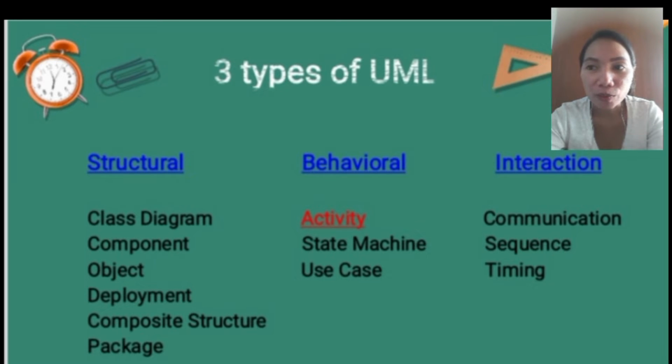There are three types of UML, which are structural, behavioral, and interaction. Under the structural are class diagram, component, object, deployment, composite structure, and package. Under the behavioral are the activity, state machine, and use case. And under the interaction are the communication, sequence, and timing.